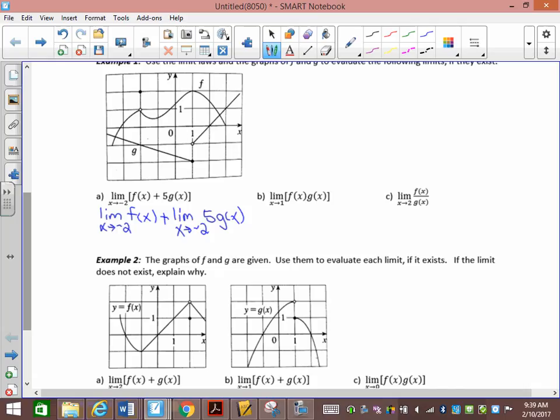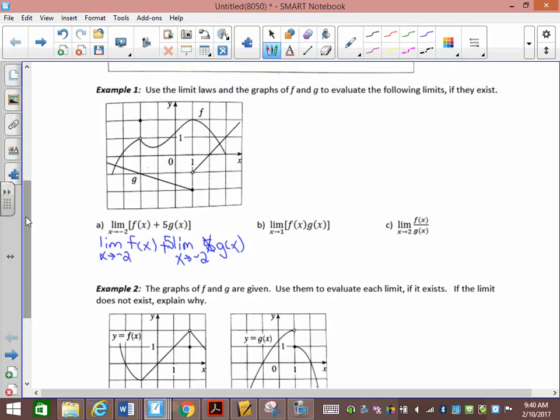Out front. Kind of like a log, really. And take it out there. Because what's 5g of x? I don't know, right? In the graph. But I do know what the limit as x approaches -2 of g of x is. So I just take that 5 and bring it out front and multiply it in after I get the limit.